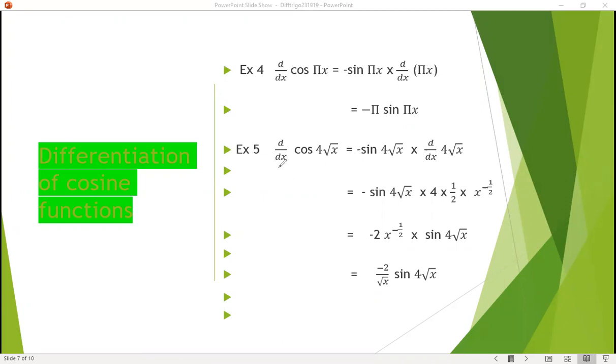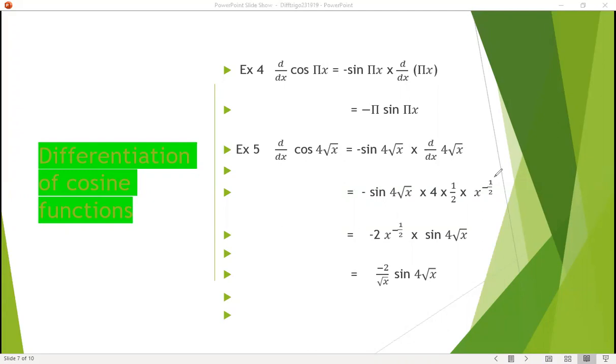Next example, differentiation of cos 4 root of x. It's minus sine 4 root of x multiplied by the differentiation of 4 root of x. Now, in the last session, I taught you how to differentiate root of x. Root of x is x power half. So how to differentiate? It's 4 multiplied by half multiplied by x to the power half minus 1, which is minus half.